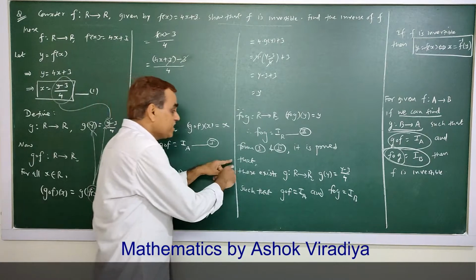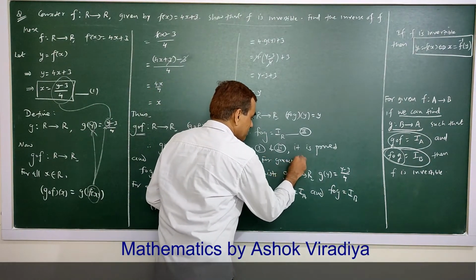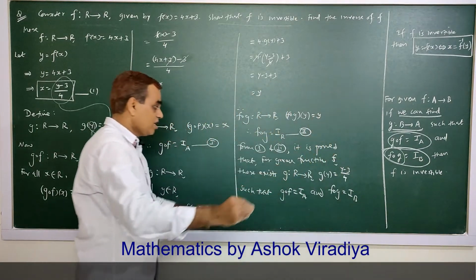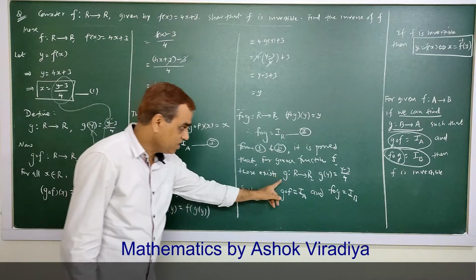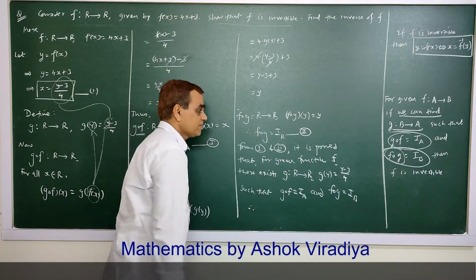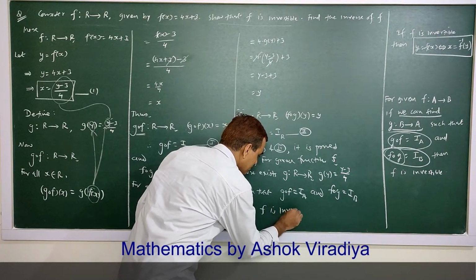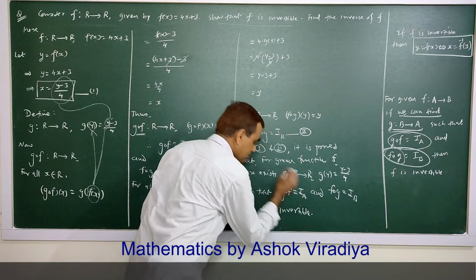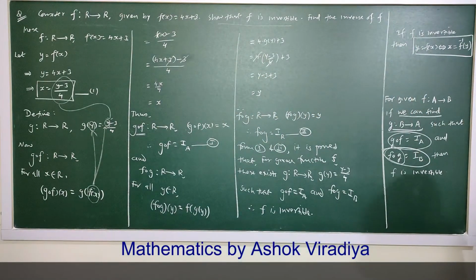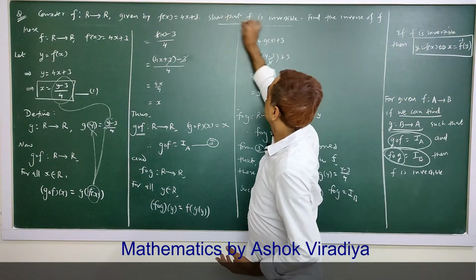From 1 and 2 it is clear that for the given function f, there exists a function g satisfying these conditions. Therefore f is invertible. The function is invertible, so this part is proved.